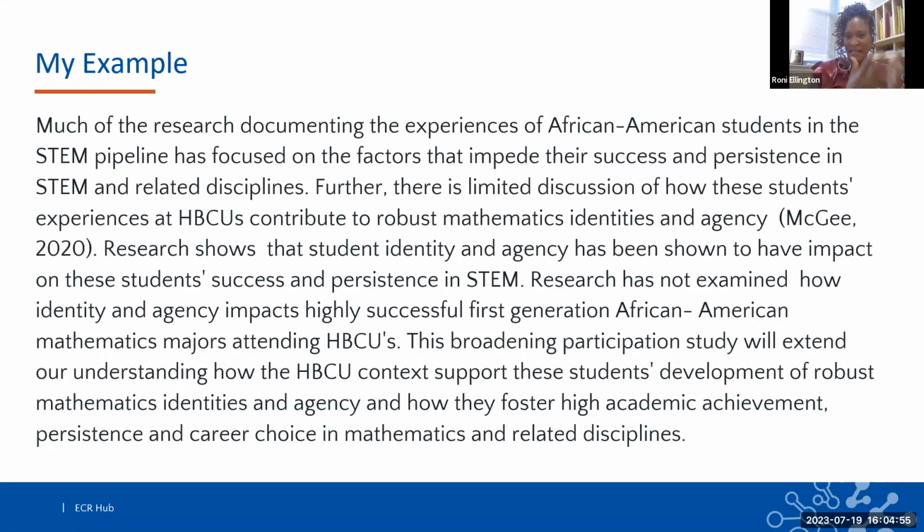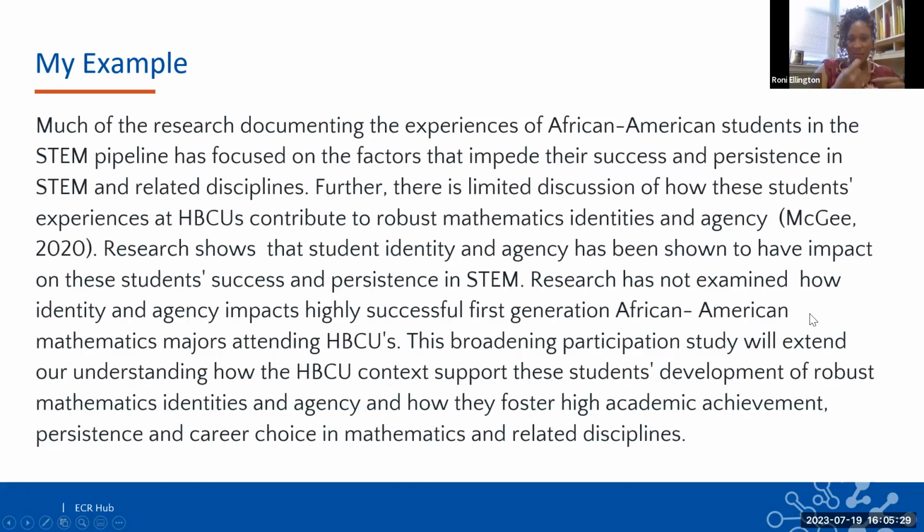So this is just my example of why I believe this work is relevant and why I believe it's a broadening participation idea. Through understanding how institutional context helps support identity development and agency, what I'm hoping to do is build a model of how these things interact that can then be used to understand more about how we can broaden participation, particularly in mathematics, looking at high achievers, not students who struggle.